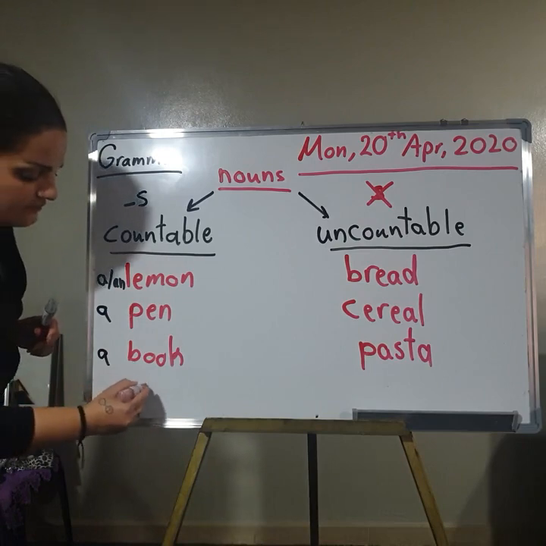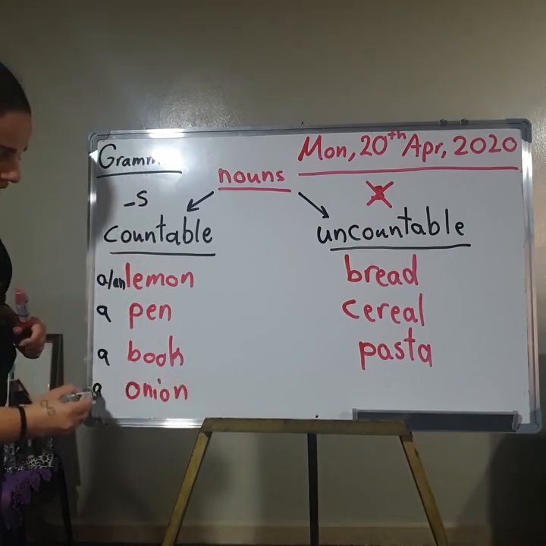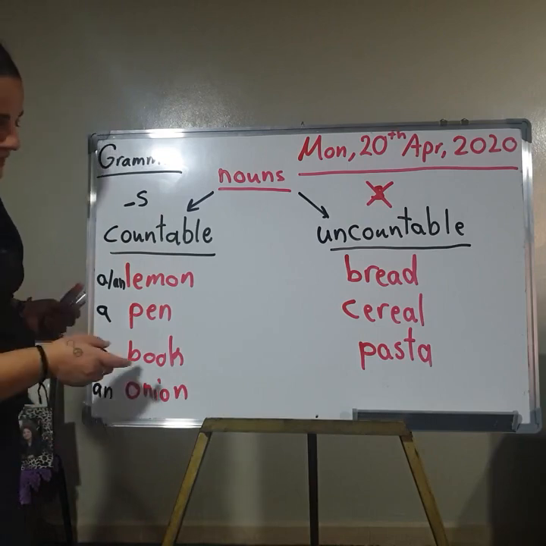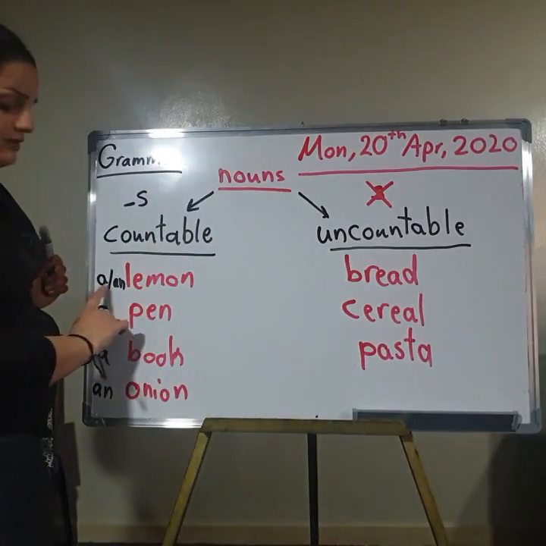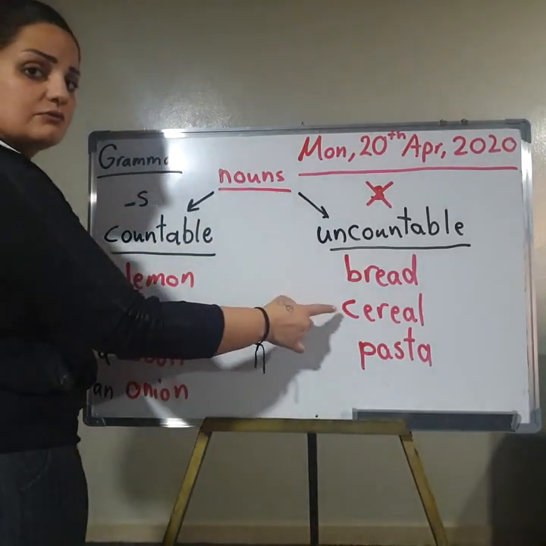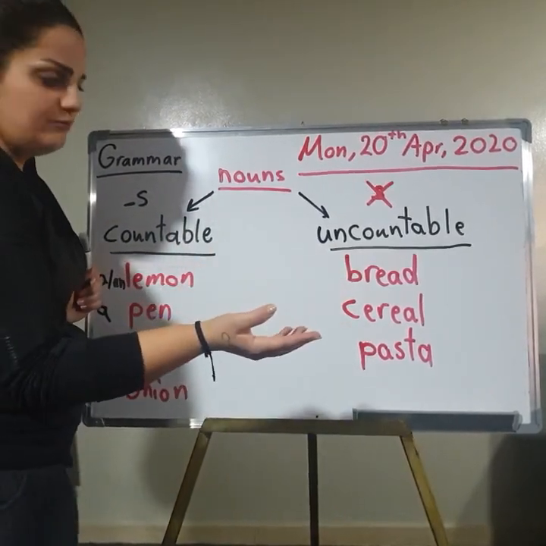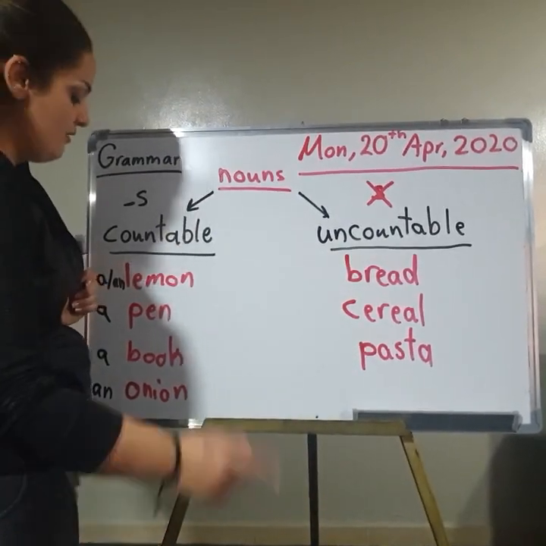And if it starts with a vowel letter like onion, I say an onion. Okay, an onion. Now, the uncountable nouns, I cannot use a or an with the uncountable nouns. I cannot say a bread. I can say a piece of bread. Okay, a pack of pasta. That's how I use a.